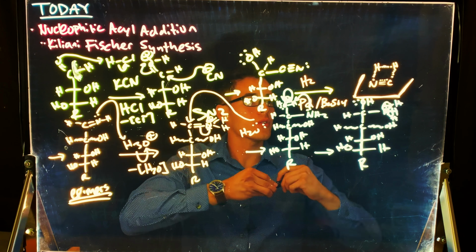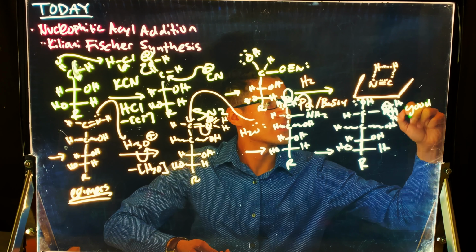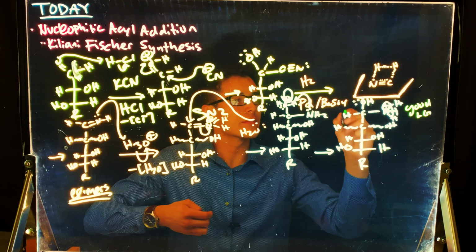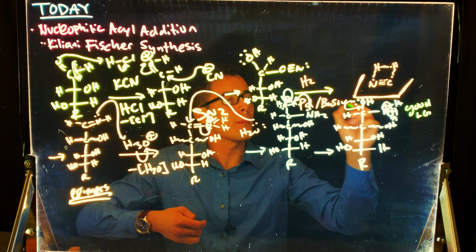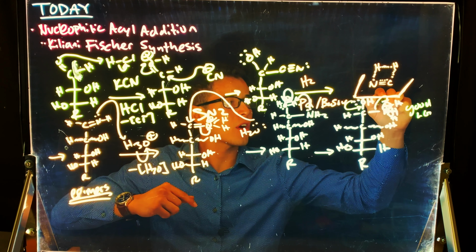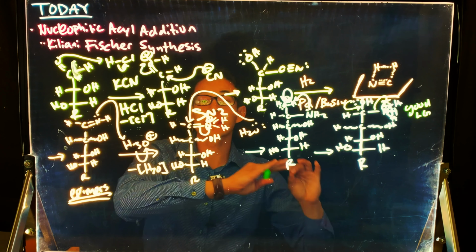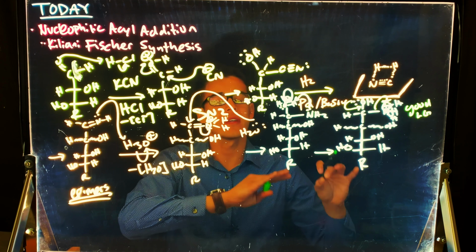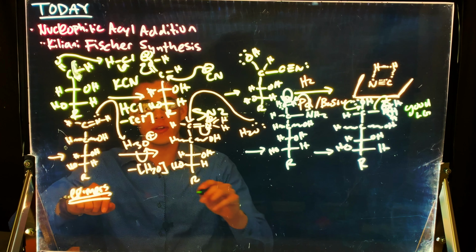Our nitrogen now is a good leaving group. This O is going to push down a pair of electrons to form a double bond, and it's going to kick out our good leaving group. The NH3 will be just fine stabilized on its own as it's no longer part of our molecule.